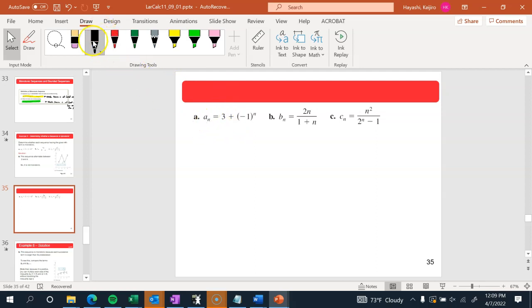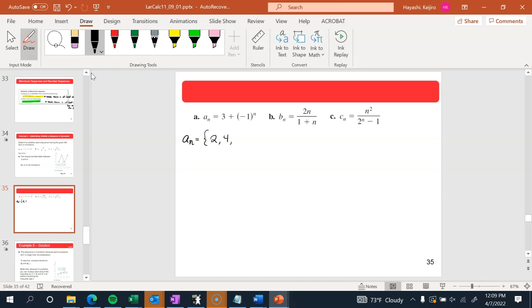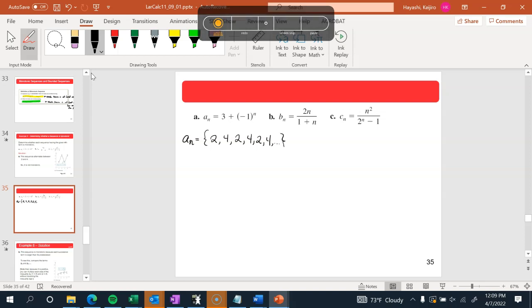All right, so this first sequence, a sub n. If you remember from Tuesday, that's the sequence that starts off with 2. The second term is 4. The third term is 2. The fourth term is 4, and so on and so on. Just because it's got that (-1)^n, that's going to alternate between -1 and +1, which if you do that to 3, you get results that alternate between 2 and 4.